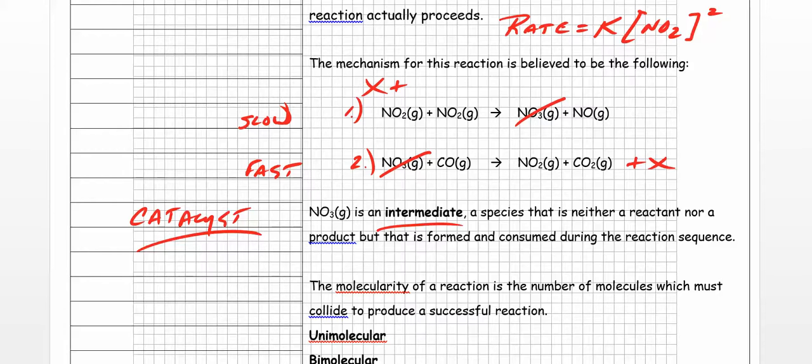Why is that important? Well, as it turns out, it is the slow step that determines the reaction rate for the overall reaction. Let's think about this. Let's say we're running a relay, and you have 3 really fast people on the relay team, and then you have 1 really slow guy or girl on the team.